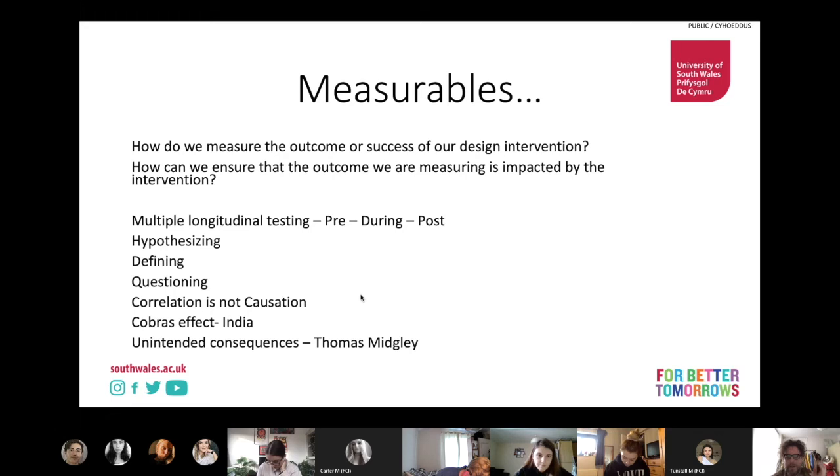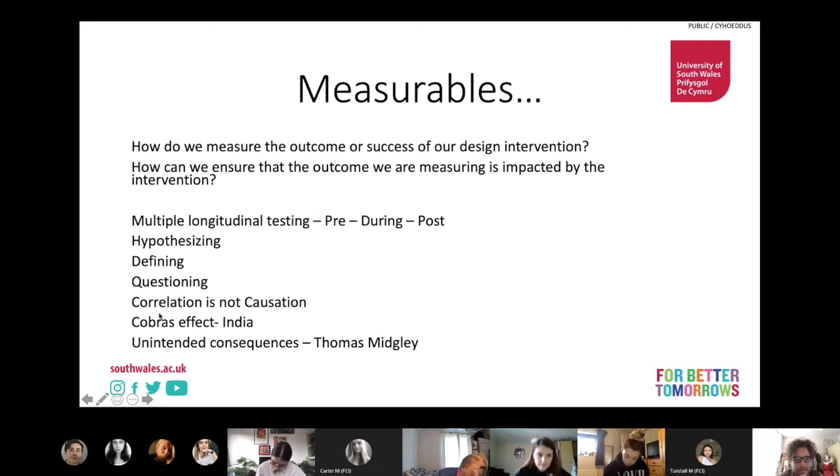So questioning as many participants, as many engagers, as many users, as many stakeholders as possible about how your possible intervention might work. So these things here, 1, 2, 3, 4, 5, 6, well, actually at least the first 4 are ones that I want you to take into the projects that we do every week. So defining, questioning, hypothesizing, all those kinds of things.